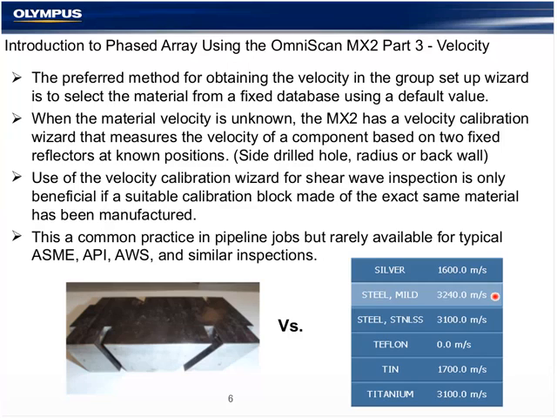In the pipeline inspections and in applications where it's extremely critical, we know the precise velocity of the material, we build a block like this. It's a standard from an API pipeline inspection. This allows us to measure the velocity at 0, 45, 60, and 90 degrees in each axis of the component.